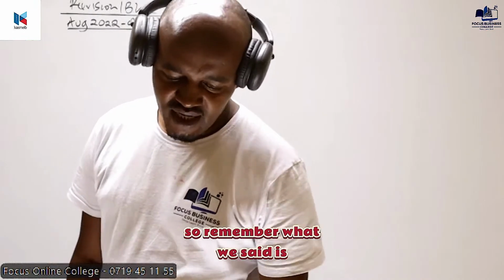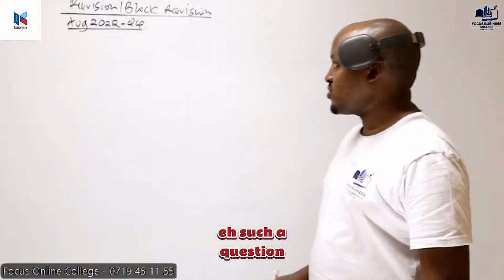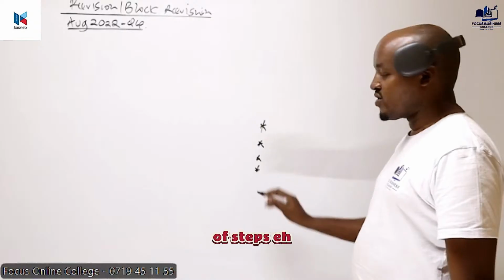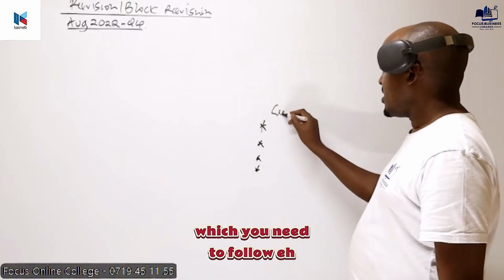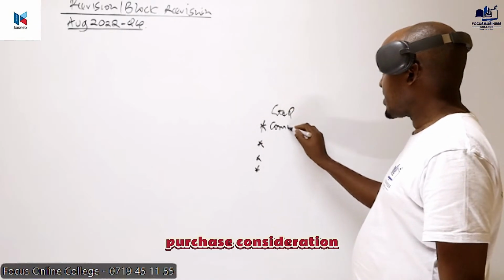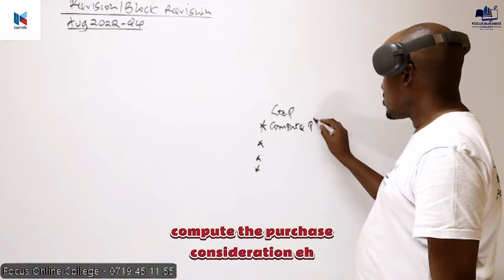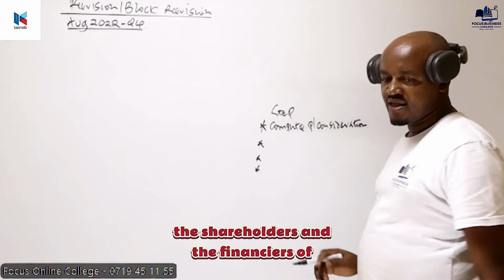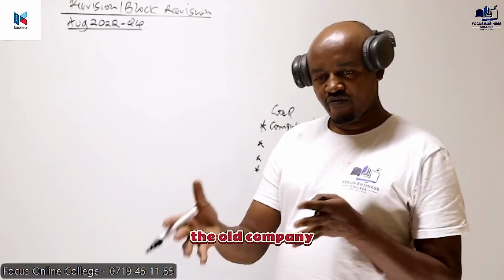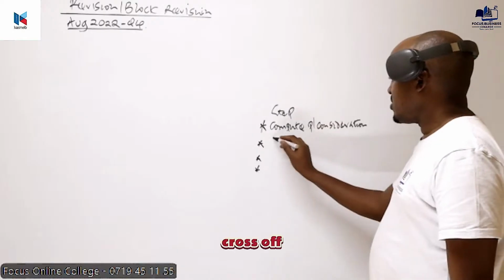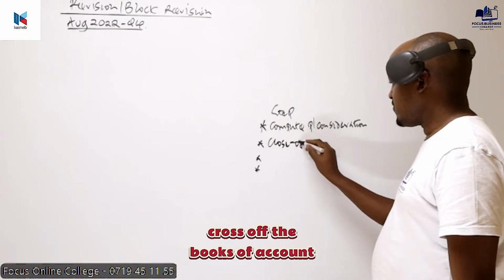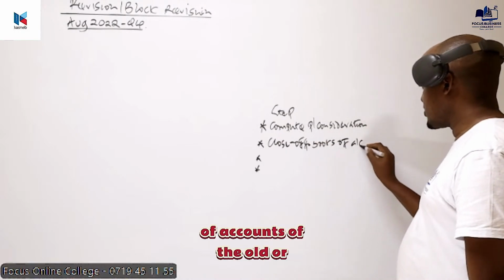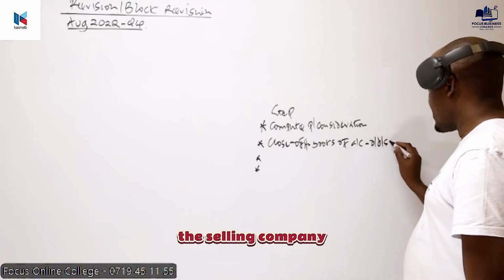So remember, once you come across such a question for external reconstruction, I talked about a number of steps which you need to follow. Number 1, compute the purchase consideration which the new company is supposed to pay the shareholders of the old company. Number 2, close off the books of account of the old or the selling company.